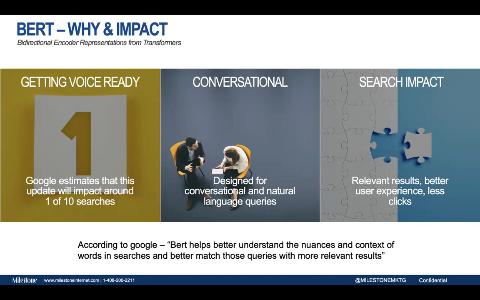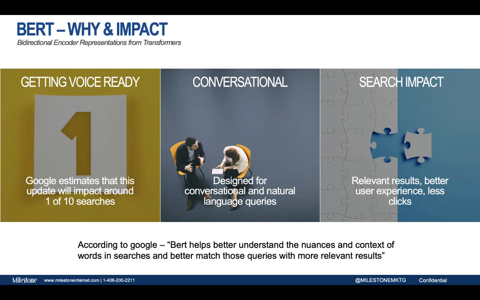Number two, it is designed for conversational and natural language queries. So what that also means is you have to really start thinking about your content strategy, because this BERT update is giving you more love if your content is conversational friendly.